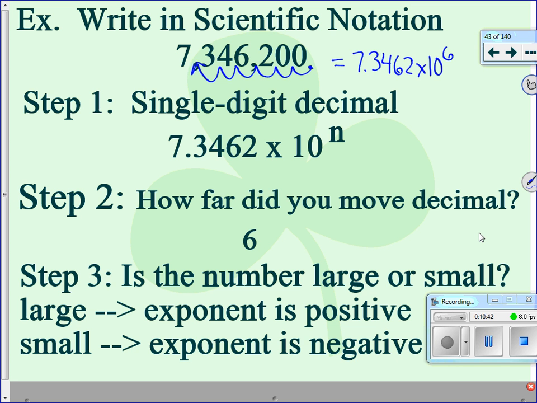It's positive because it's a large number. It's 6 because you move the decimal 6 places to get it in the spot it needs to be. Because remember, this number right here has to be between 1 and less than 10. So you have to put the decimal right between the lead digit and the second digit. So it's somewhere between 1 and less than 10. All right, questions on that?